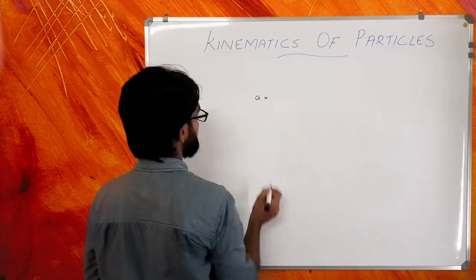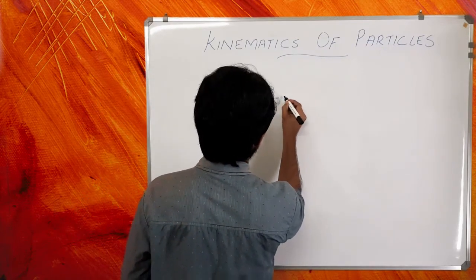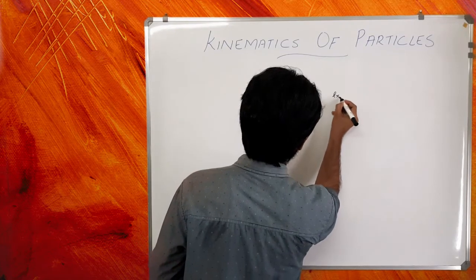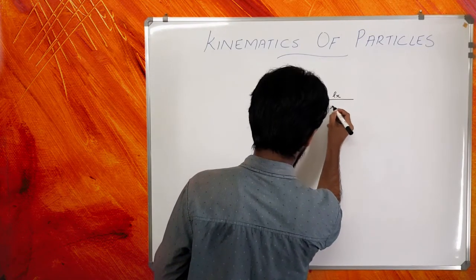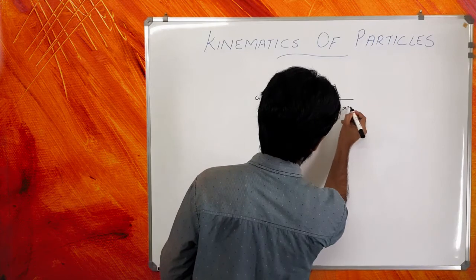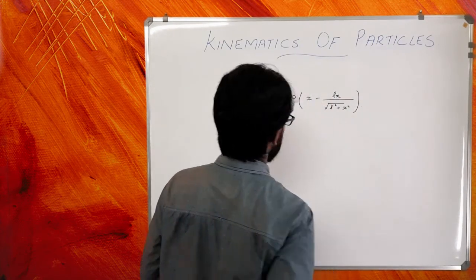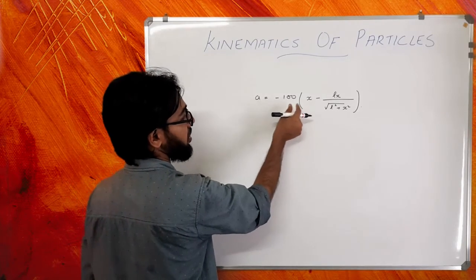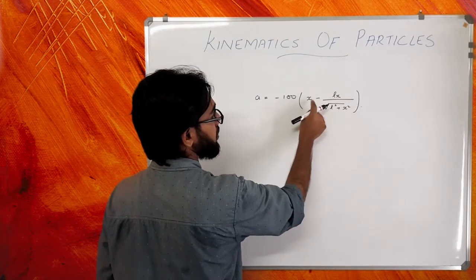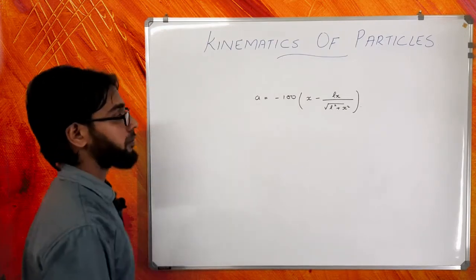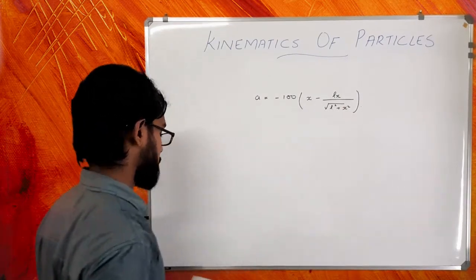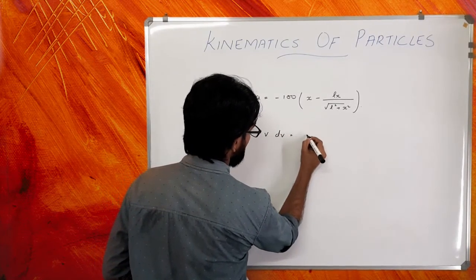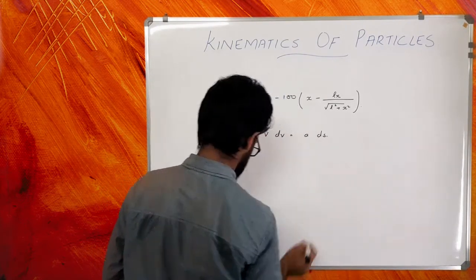Here it is given as acceleration a equals minus 100 into x minus Lx divided by root of L square plus x square. Now here we can see that a, the acceleration, is a function of the position determined by the value of x. So we have the basic equation v dv equals a ds.